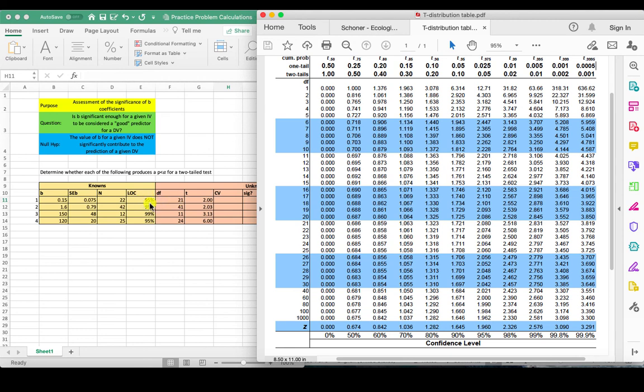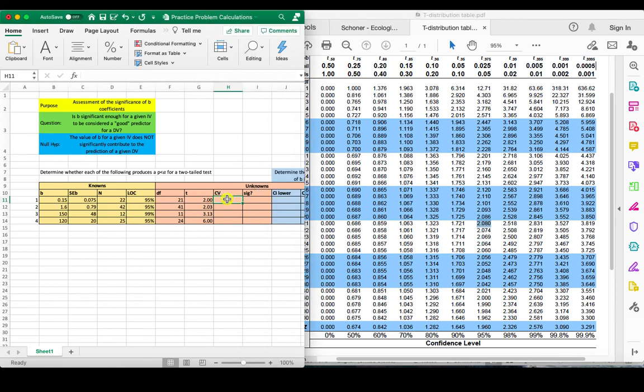So we use these two bits of information to find the critical value that we would need in order to prove significance. So starting at 95 and lining that up with degrees of freedom of 21, we see that there is a critical value of 2.08.